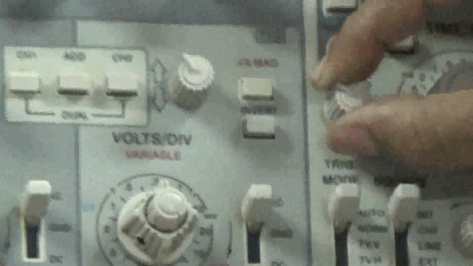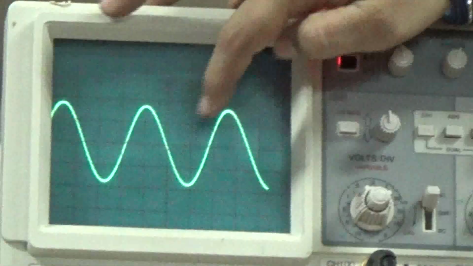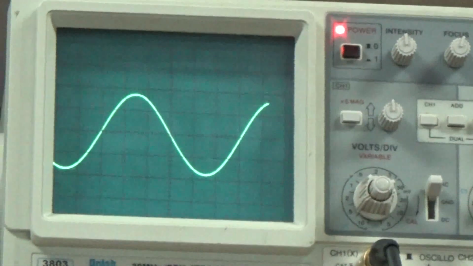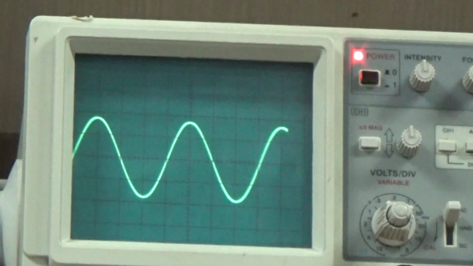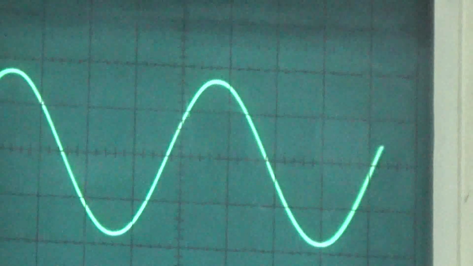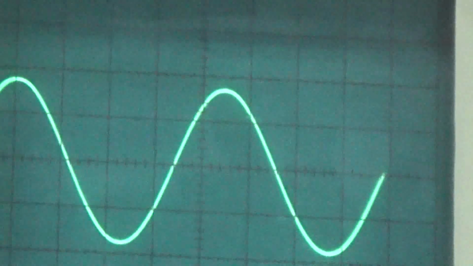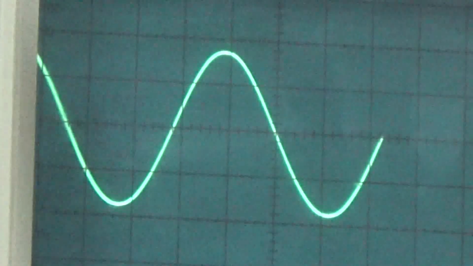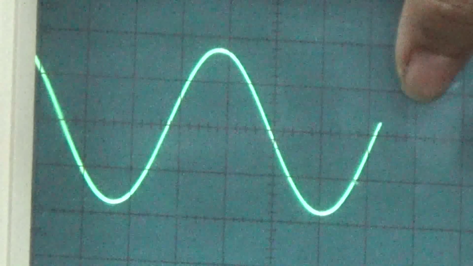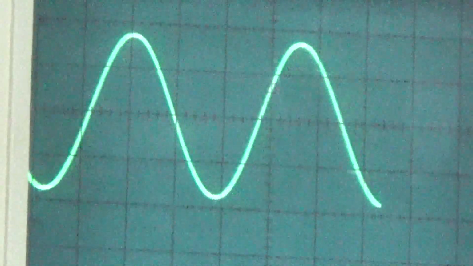Similarly, bring this negative to your zero potential, ground, and see it is also nearly 2.2.